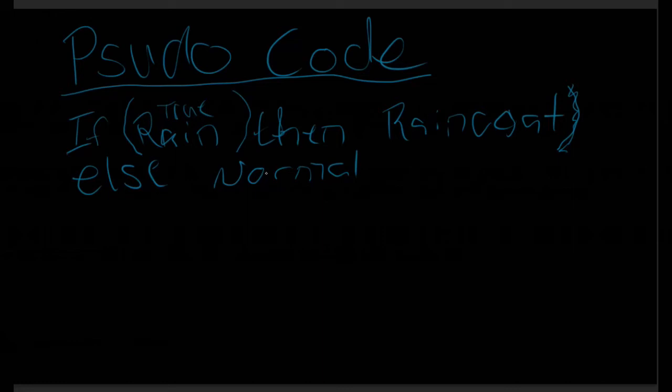Otherwise, we dress normally. If this is false, we dress normally. This is the pseudocode right here. The computer doesn't understand it, but it's written in a format that we could turn to code fairly easily.